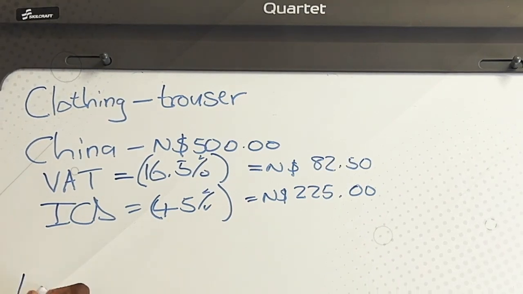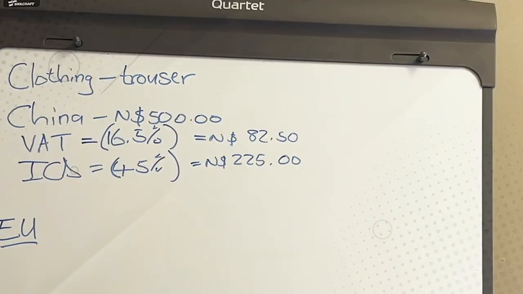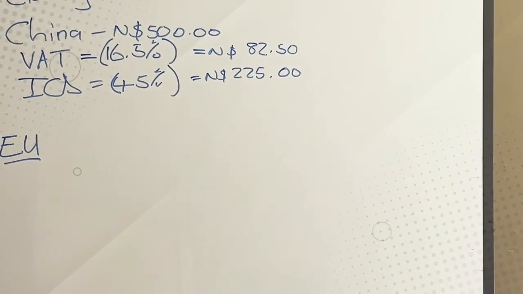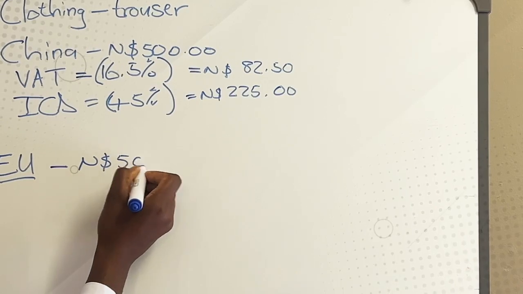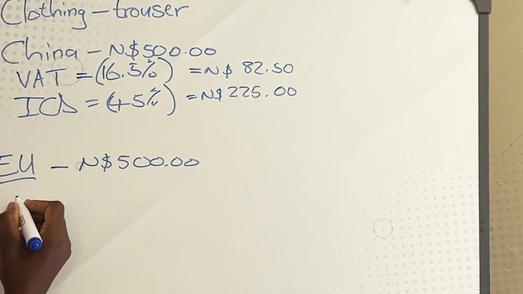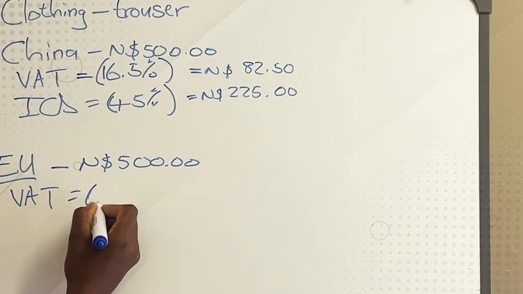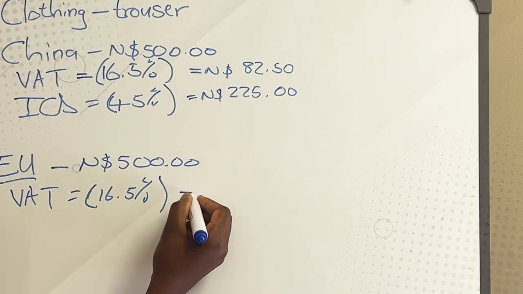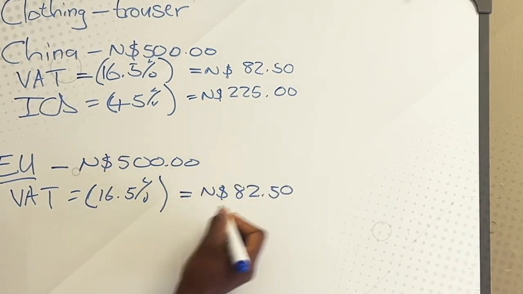However, if we take the same commodity, which is a trouser, and assume it is also 500 Namibian dollars, the VAT, which is the import tax, stands at 16.5%, which remains at $82.50.